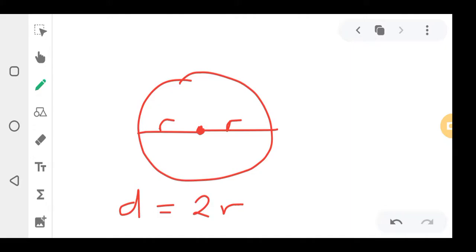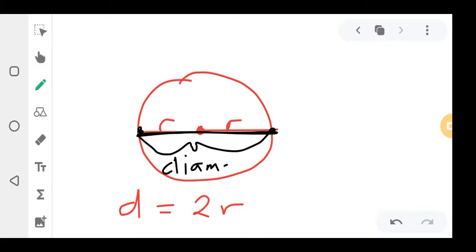The distance from there all the way to there is called the diameter.